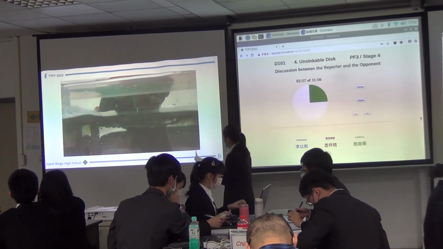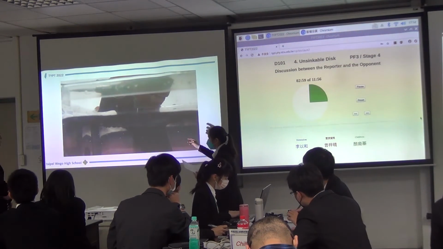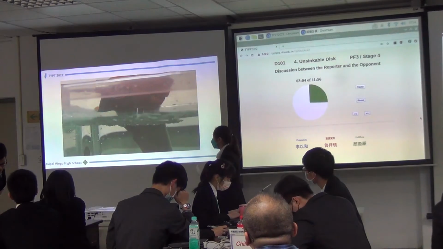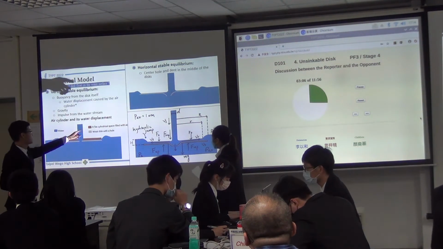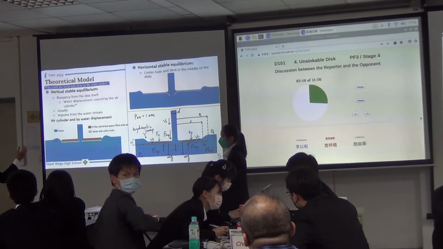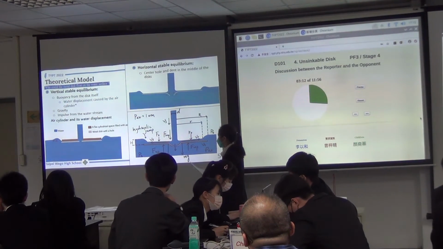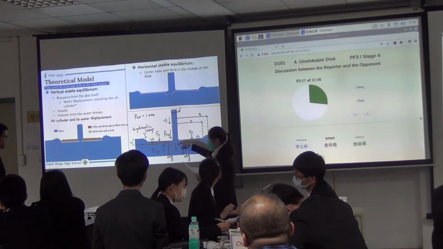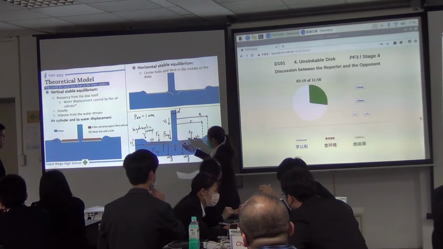And what do you use to make the disk stable? To make the disc stable, we actually made a dent over here, as this graph shows. If it moves slightly, it gives it a horizontal force to make it go back to its original position. If you don't give it this shape to make it stable, then what will happen?